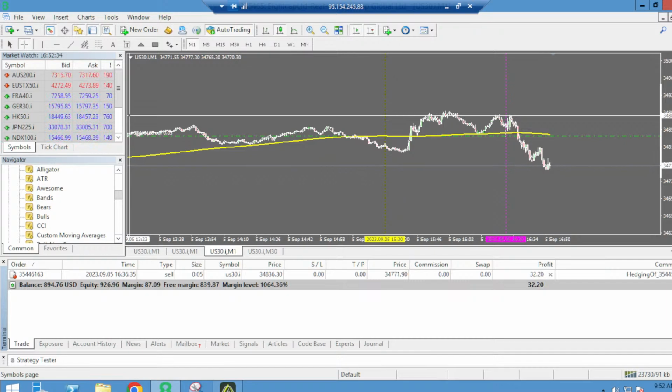And I'm making these predictions based on my liquidity map. That is a system that I developed.